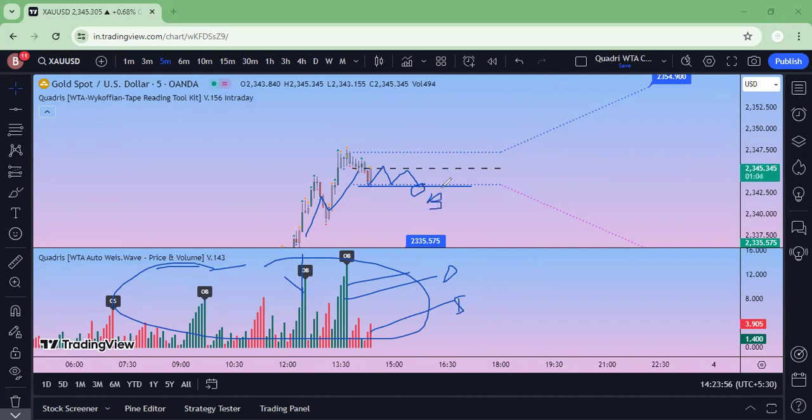And if price breaks through this level and comes back and tests this level, when there is a pullback to this particular level and the volume here is less, then I'll go for a short opportunity at this point. So there are only two ways to trade based on this.